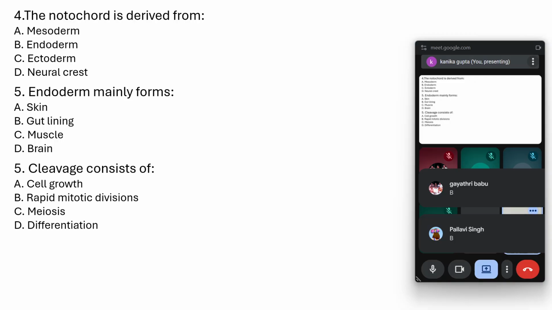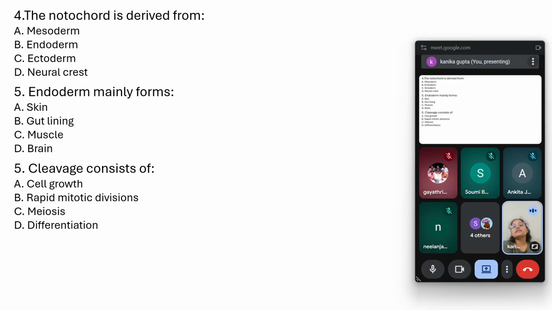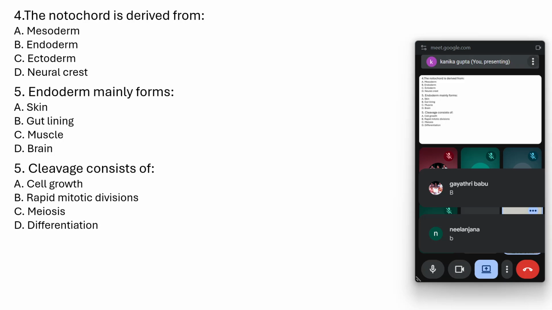Wow, very good. It is the gut lining that is mainly formed by the endoderm. Next question is, cleavage consists of. What happens in cleavage? Yes, it is the rapid mitotic divisions.